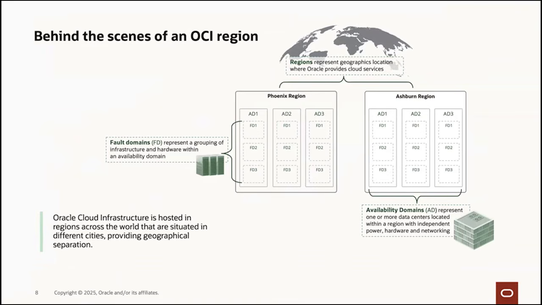So if you have a failure in one AD or availability domain, you can still be up and running in the other availability domains within that region. If we take a look here on the right-hand side, we have our Ashburn region. If AD1 were to go down for some reason, you could still be up and running in the other ADs within that region. So this is useful for high availability.